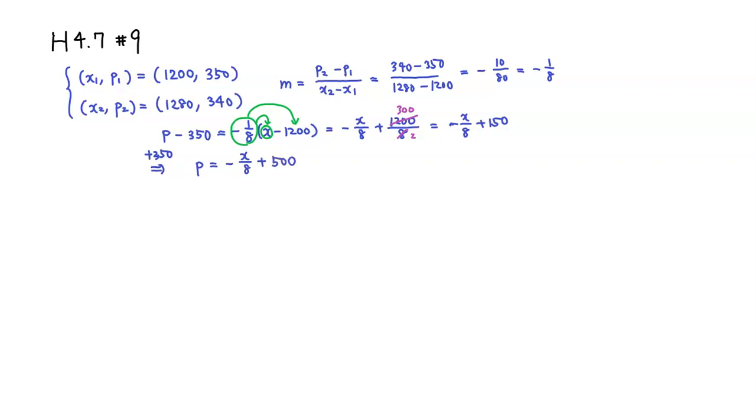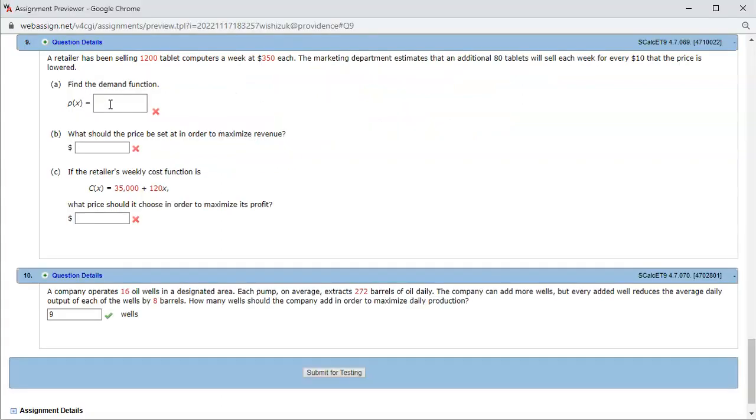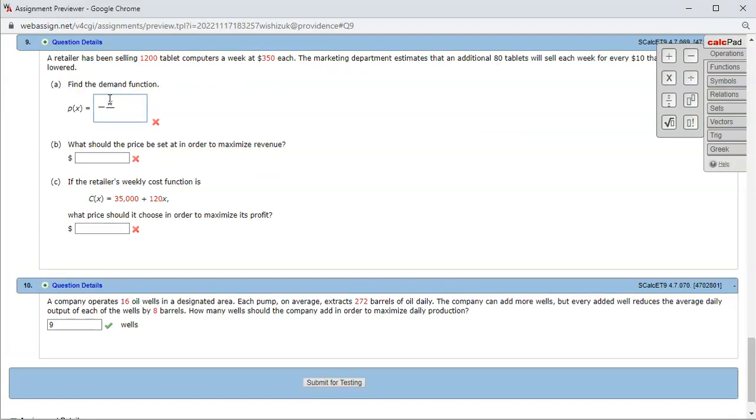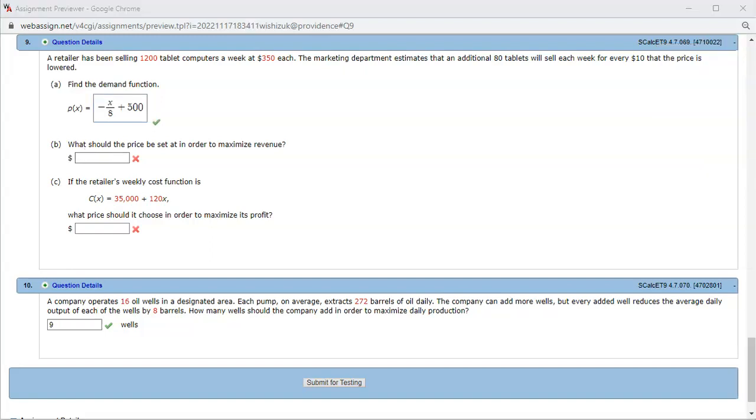Right? So let's type it in. We have negative X over 8 plus 500. Then let's check the answer first. It came back, and it looks like we got part A correctly.